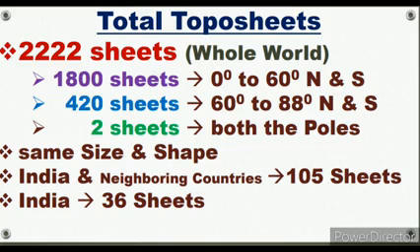There are 1800 sheets for regions between 60° north and 60° south latitudes, 420 sheets for regions between 60° and 88° latitudes in south and north hemispheres, and 2 sheets for both the poles.